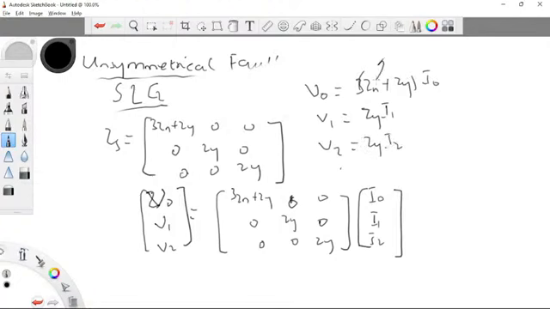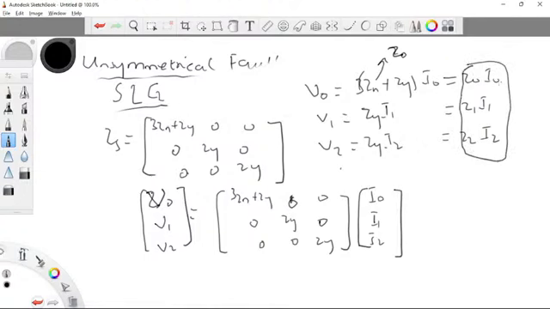If I call these the sequence impedances, then this will be Z0 I0, this will be Z1 I1, this will be Z2 I2. From these expressions, realize that they have no relationship with each other.